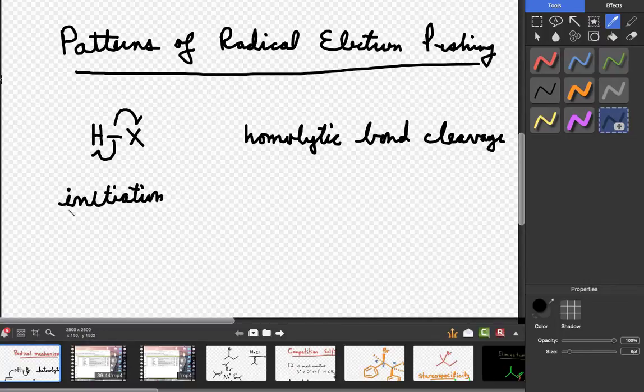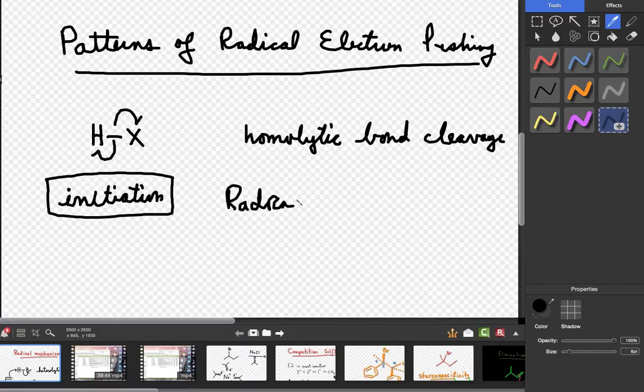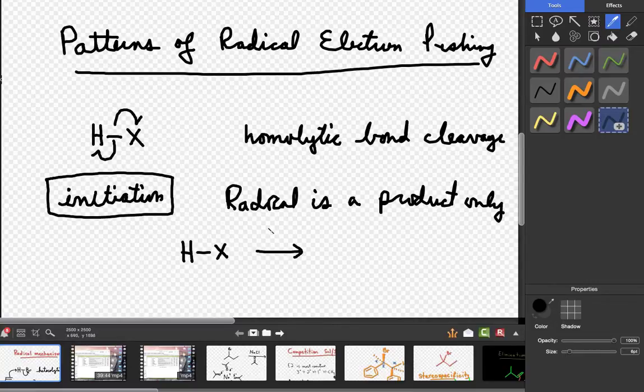And I think it's wise to discuss what makes it an initiation step. The radical is a product only, meaning that a non-radical reactant like HX usually is irradiated with an energy source like a photon of light, and I get two radical products.